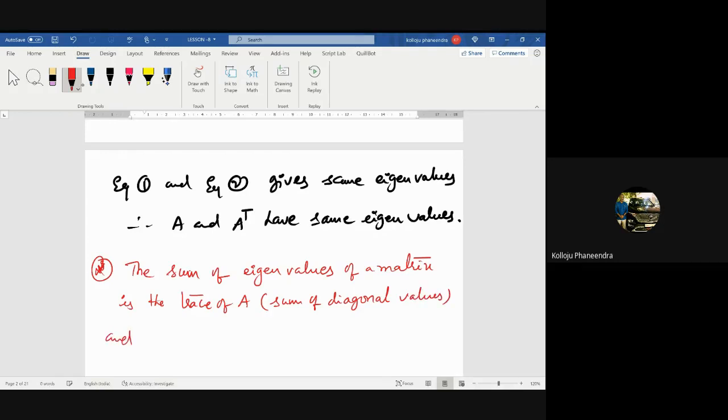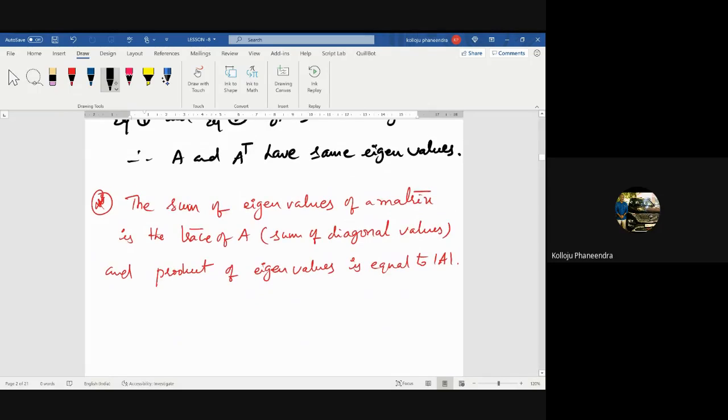And the product of eigenvalues is equal to the determinant of A.